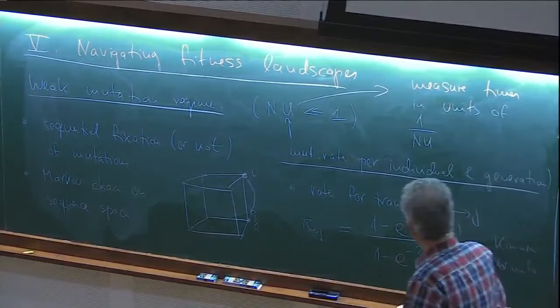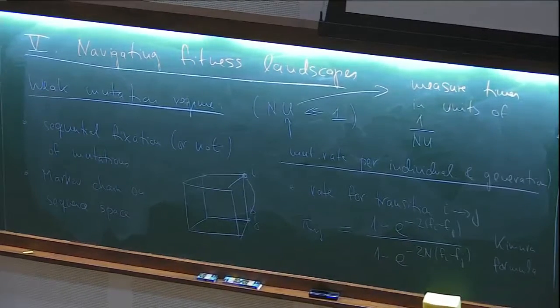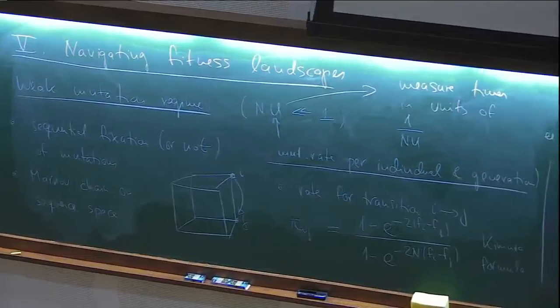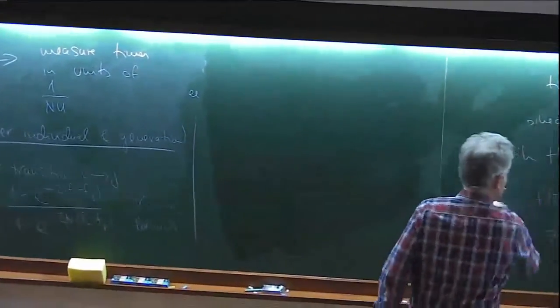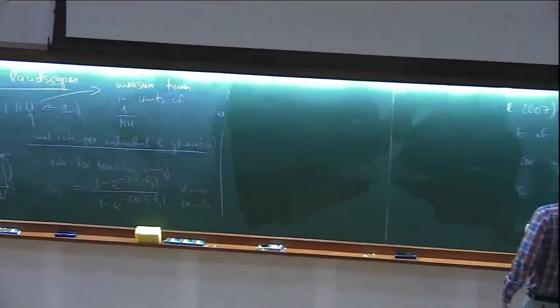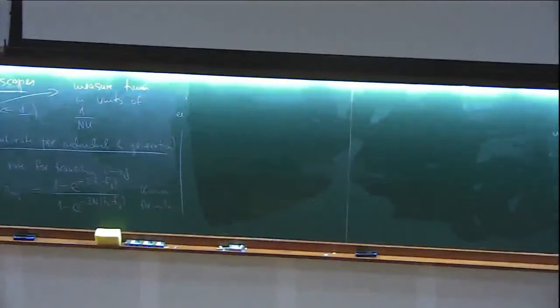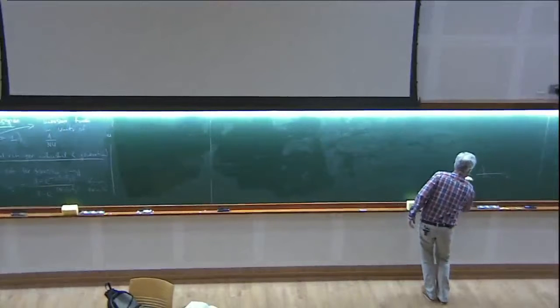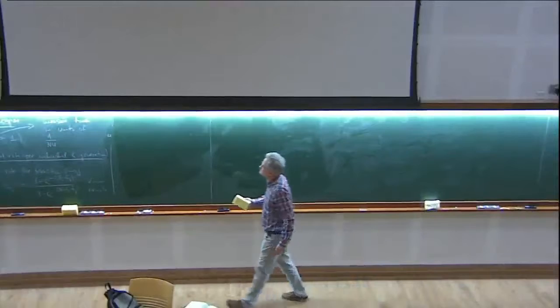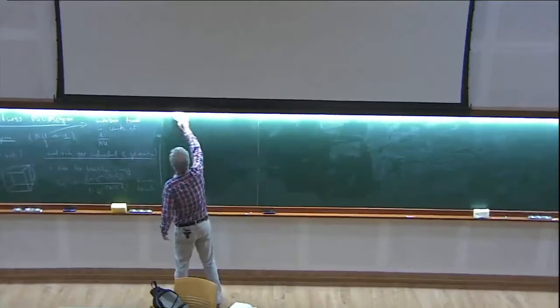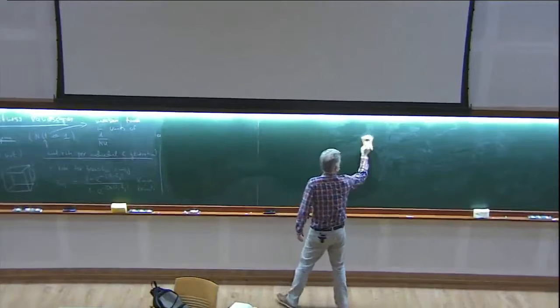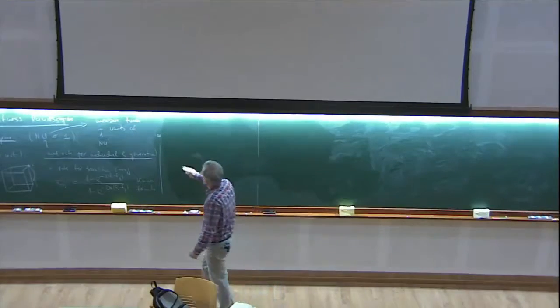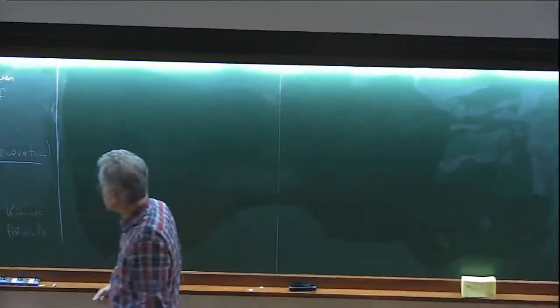What you will notice here is that this formula always applies, this is non-zero, whatever these f_i's and f_j's are.